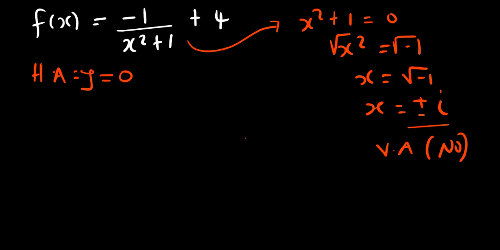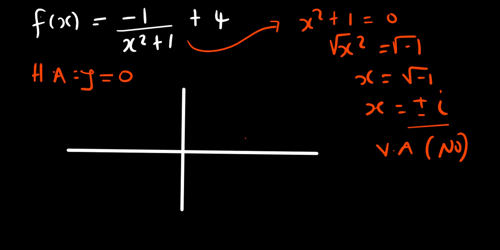Okay, let's draw a diagram. So if you are going to draw a diagram, let's put it here. Let's say this is our y-axis, this is our y equals 0 or x-axis. So what are you now going to have? Let's say the highest value that you can have for y will be what? Our horizontal asymptote has been shifted 4 units.